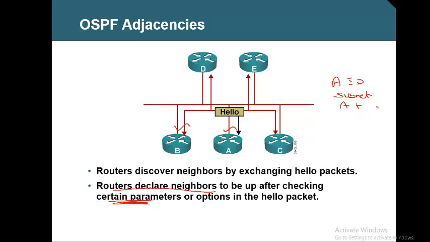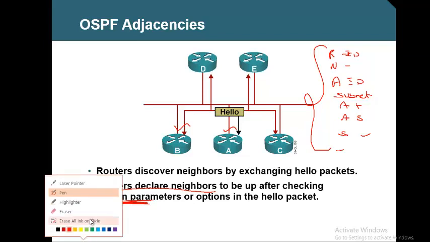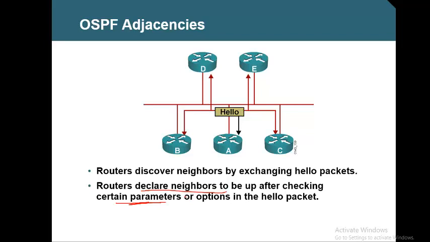And then if authentication is configured, then the authentication string and stub configuration also should match. What should not match is the router ID. The neighbor list won't match. All right, so these are the things that are shared in the hello packet. So certain parameters should match. After checking those parameters, it declares other routers as neighbors. So it is the hello packet that helps to discover neighbors.